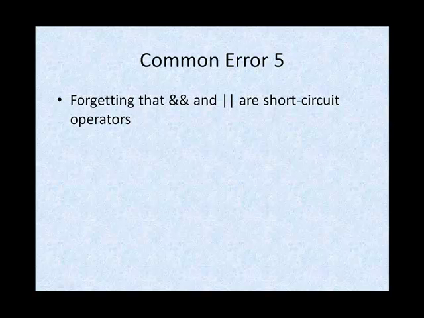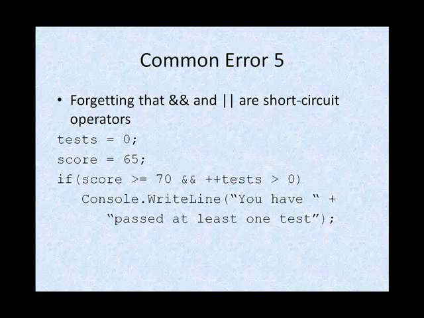Another common error is forgetting that the and and or are short circuit operators. That means when you use and or or, an expression is evaluated only as far as it needs to be to determine whether the whole expression is true or false. For example, assume you start out with a student having taken 0 tests, and then the student takes a test and gets a score of 65. You could write a statement like this: if score is greater than or equal to 70, and adding 1 to tests is now greater than 0, you can output you have passed at least 1 test.